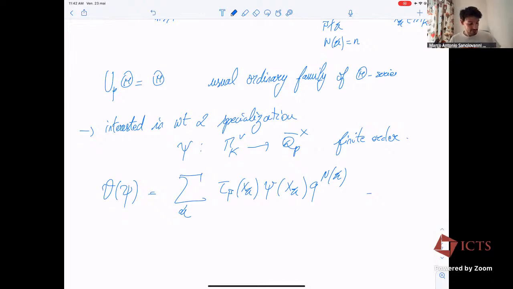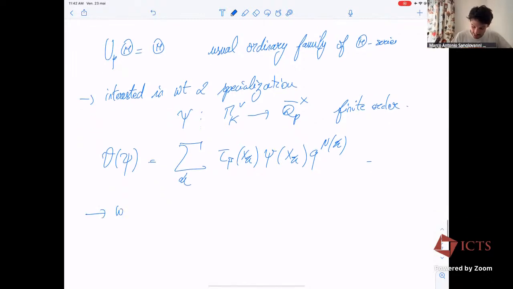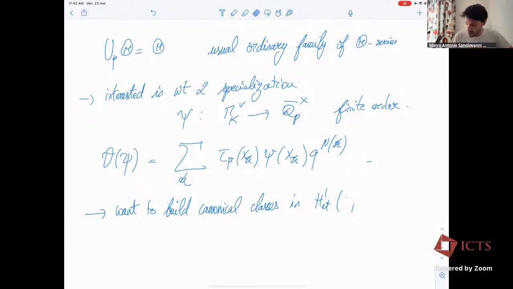And so we want to build canonical classes in H^1_et of X_1(Np^r), Z_p(1), corresponding to theta of psi.